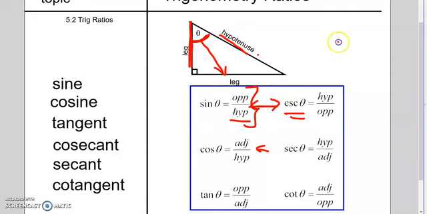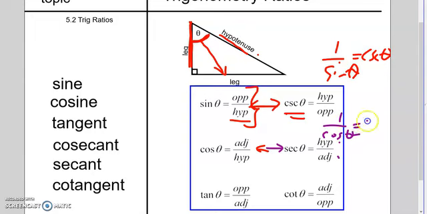We can even write 1 over sine theta is the cosecant. The other one then is the secant, which is the reciprocal of the cosine, where it's the hypotenuse over the adjacent, and so you can write almost the same thing: 1 over cosine theta is your secant theta.